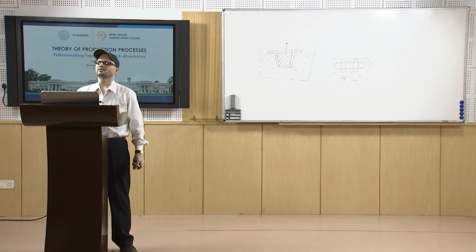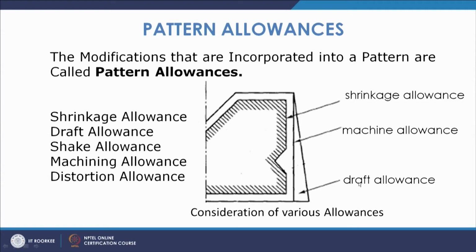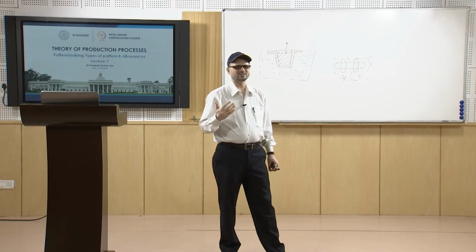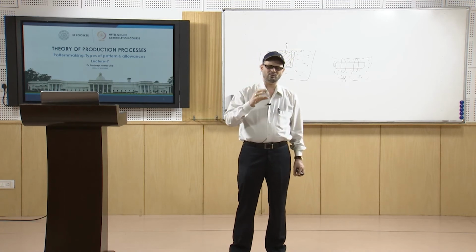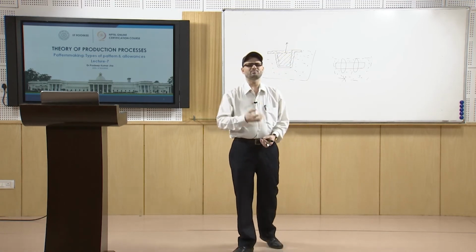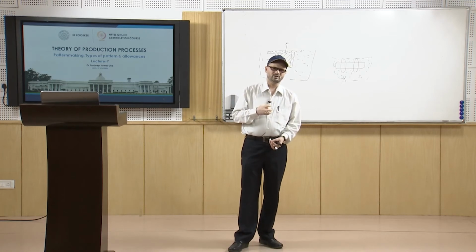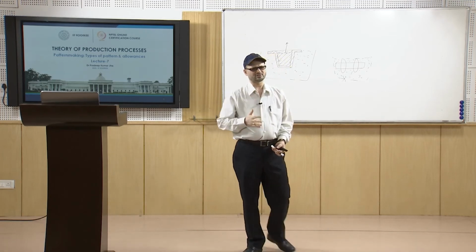Then there is an allowance known as draft allowance. This draft allowance we will discuss later. The draft allowances are basically about the easy withdrawal of the pattern from the mold. So, they are given on the vertical surfaces.